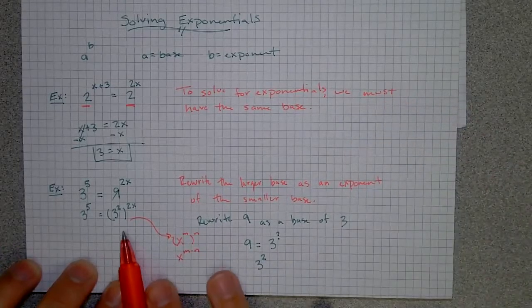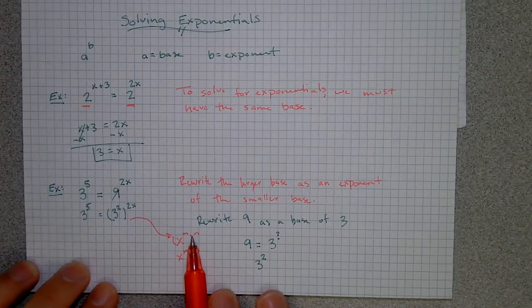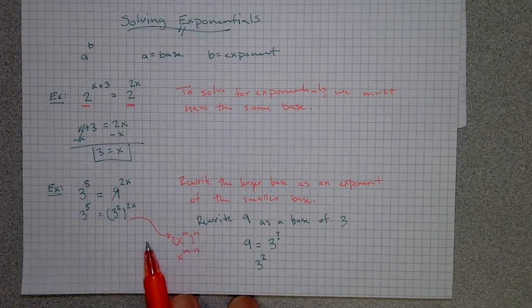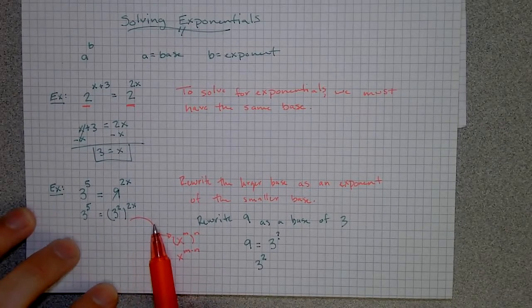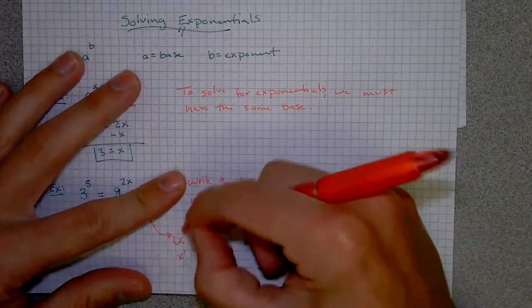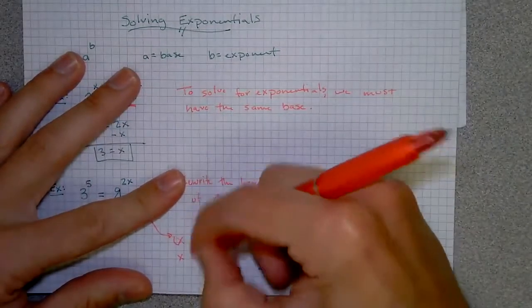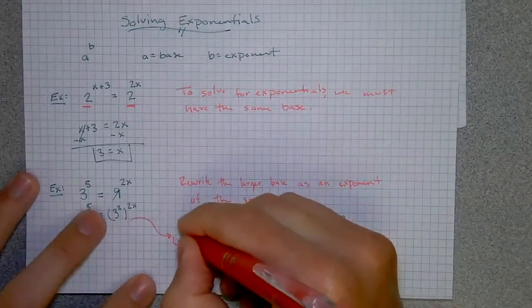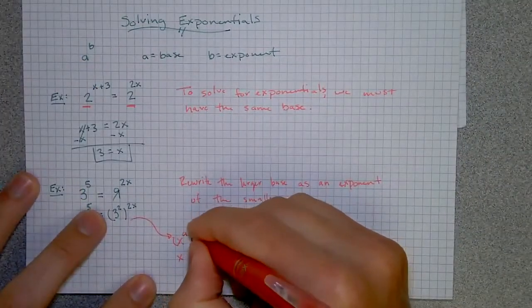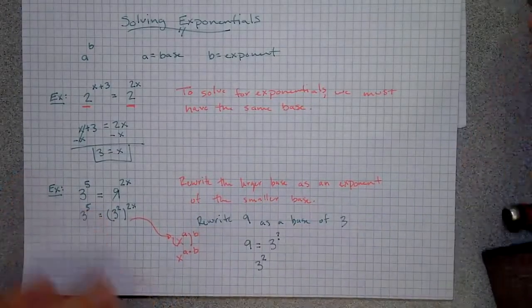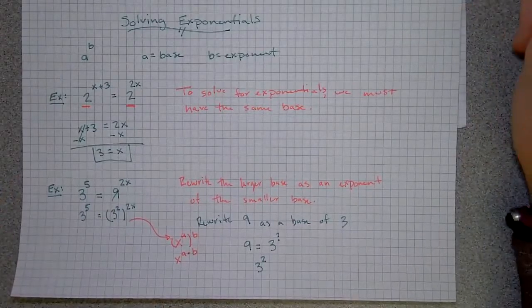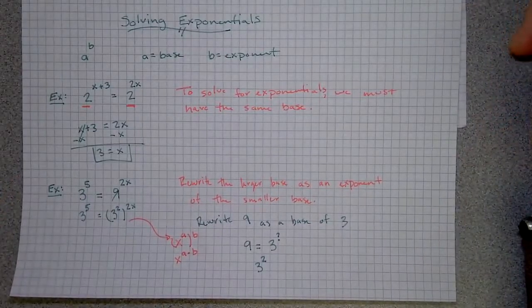Okay. Little recap on multiplying. Whenever you have an exponent raised to an exponent, you multiply them. So let's say we had x to the a raised to the b power. That's going to equal x raised to the a times b.